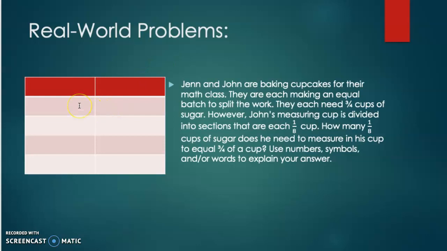So what you're trying to do is compare 3/4 to 1/8. Using numbers, symbols, or words, how many cups of sugar does John need to measure to equal 3/4 of a cup? Once again, we will be going over these on Thursday. I just want you to try these, please.